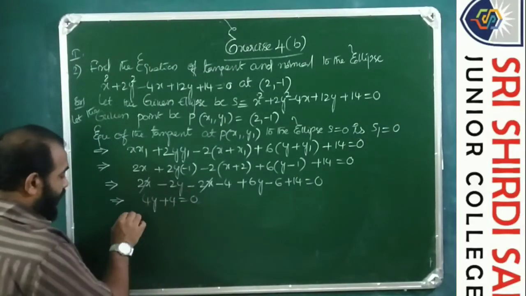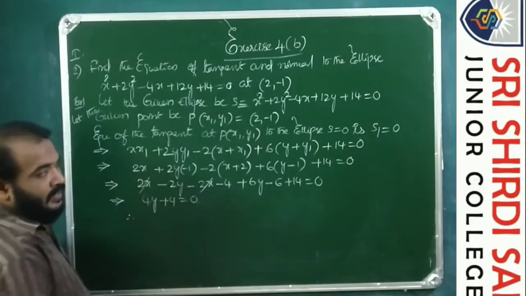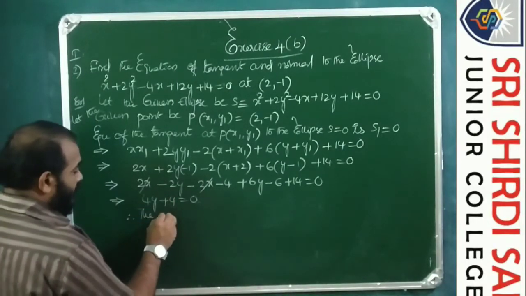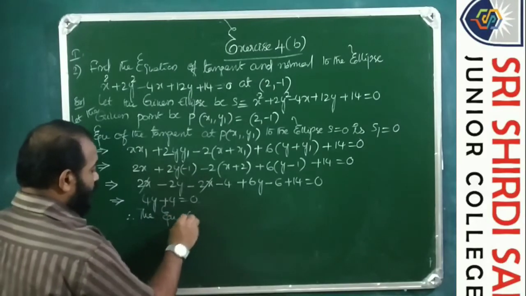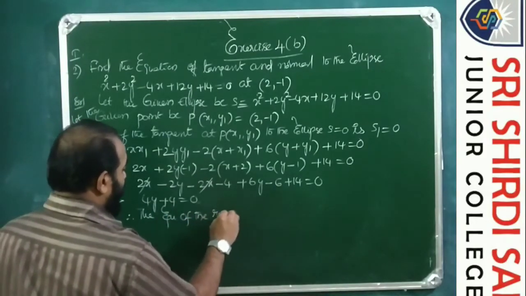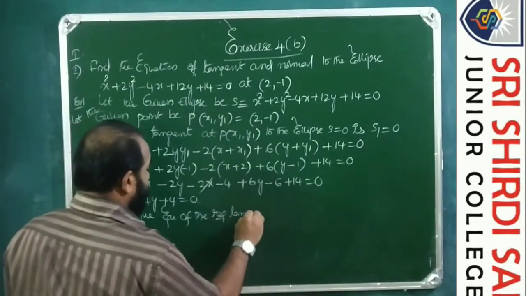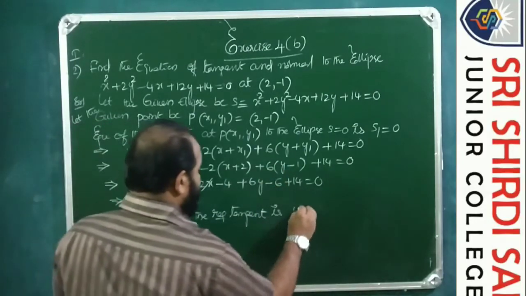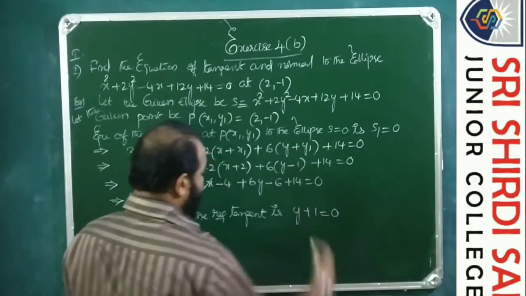If you take 4 in common and cancel throughout the equation, therefore the equation of the required tangent is y plus 1 equals 0.